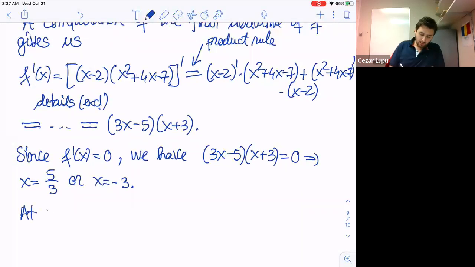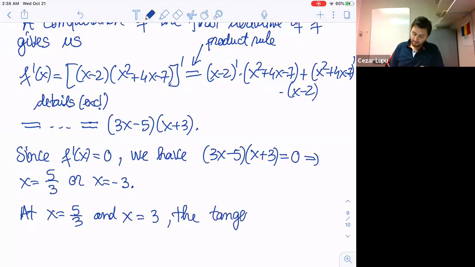Now at x equals 5 over 3 and x equals negative 3, the tangent line is horizontal.